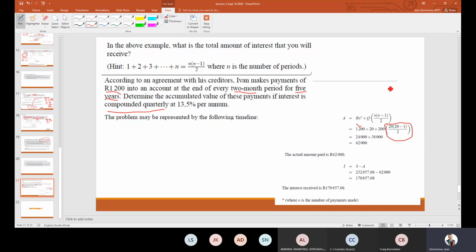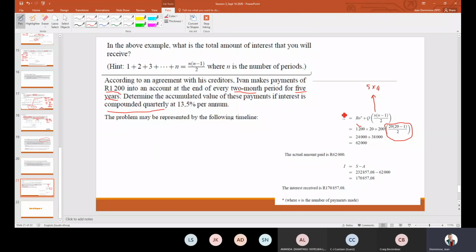Okay, so basically we know how many periods there are. It is 5 years times 4 quarters, so 5 times 4 will give you 20.